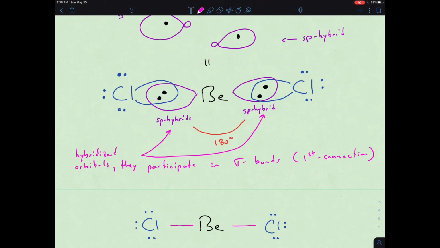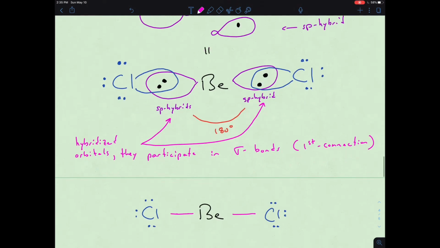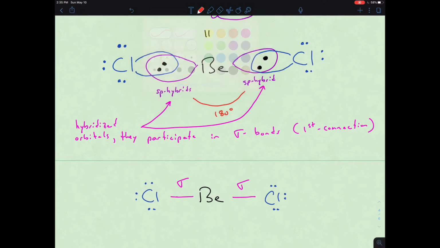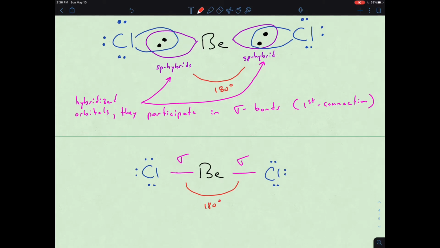The hybridization also complements the geometries that we talked about with VSEPR, here being our two sigma bonds. And again, we still have that 180 degree angle.